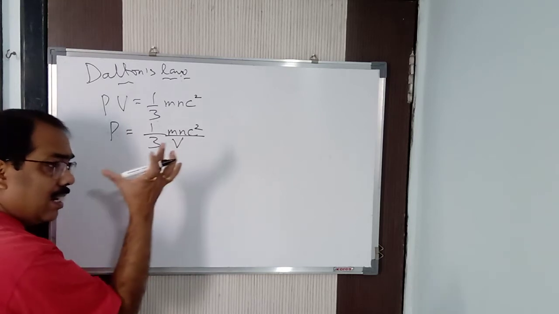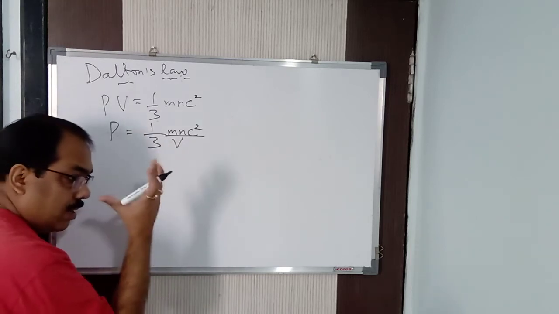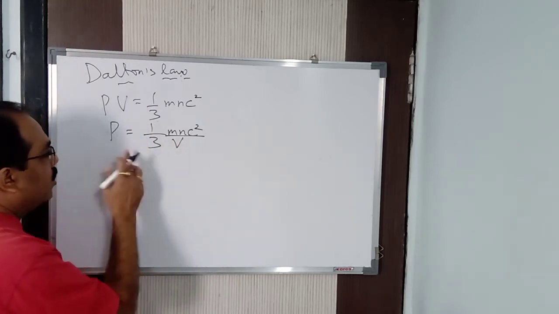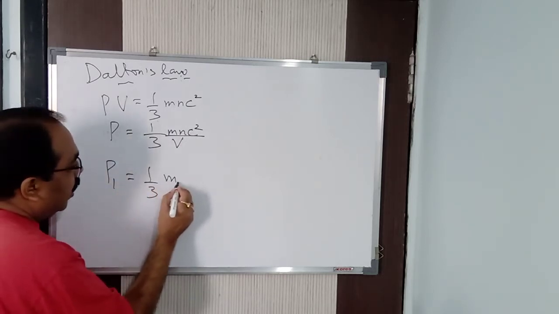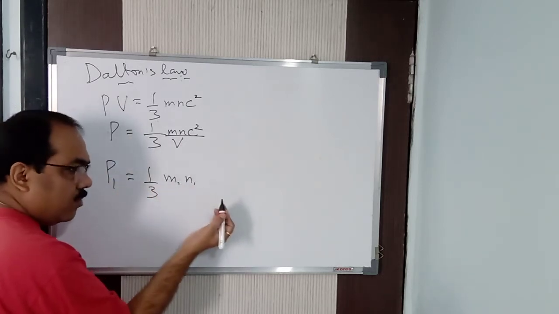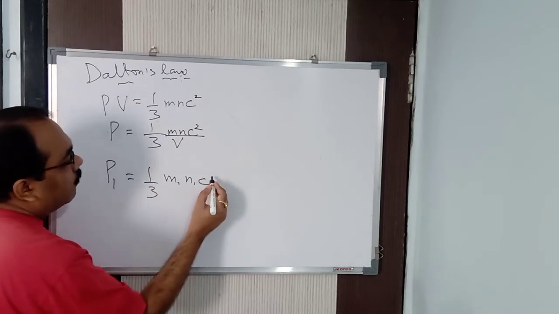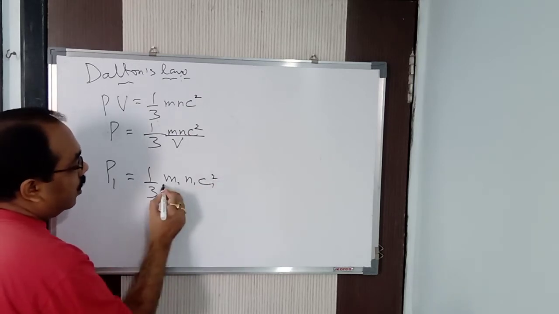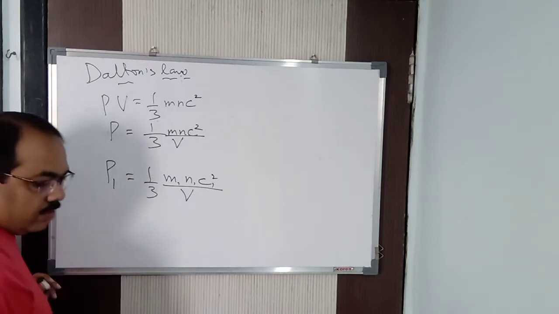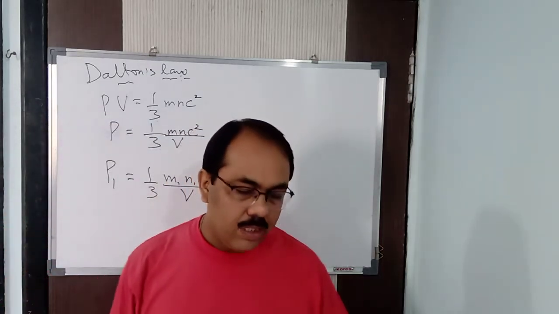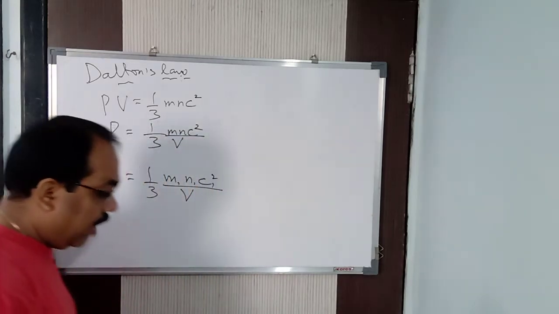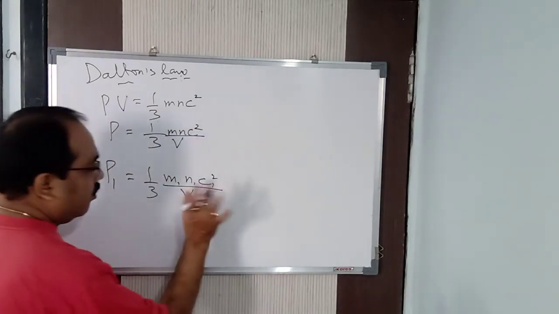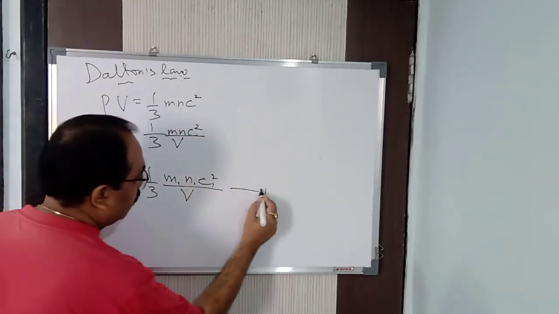What is going to differ? Pressure. P1 is equal to 1 by 3 m1 n1 c1 square by V, for a particular gas. We can call this equation 1.